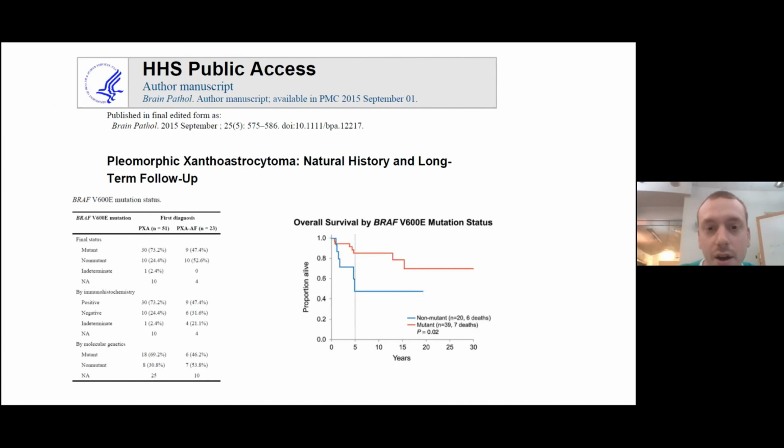And the overall survival, although it depends on a lot of factors, in general, patients that have a BRAF mutation do better on long-term follow-up than patients that do not have this mutation. This is seen in this study with at least 15 to 20 years of follow-up.